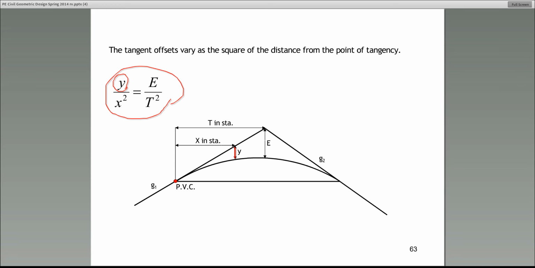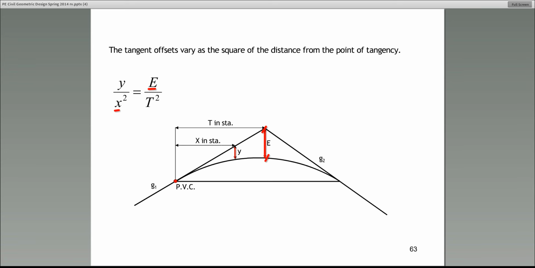Now, what are the other parameters here? Well, let's start with E. E is this distance here, and I gave you an equation that will give you that. Just calculate it, and it stays constant for the curve. What about x?